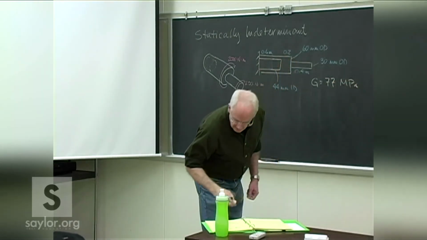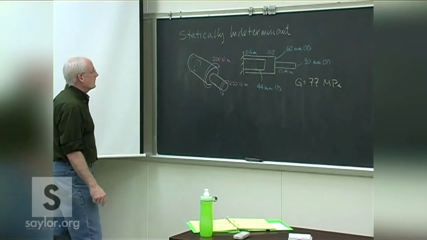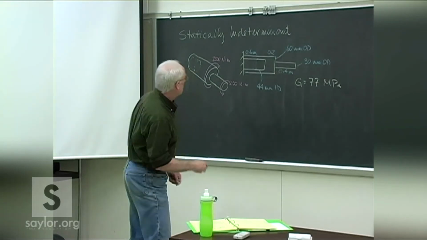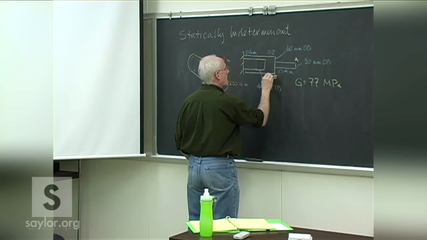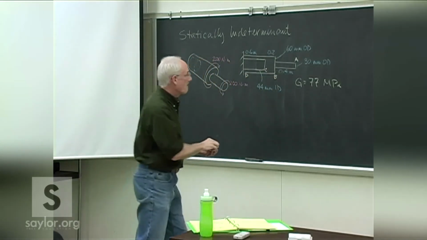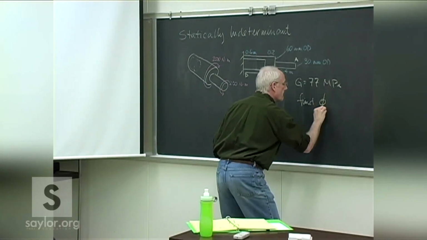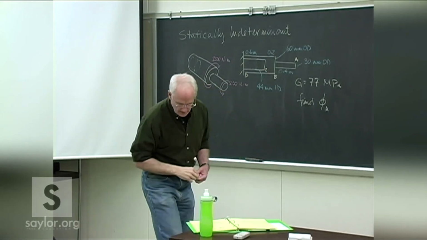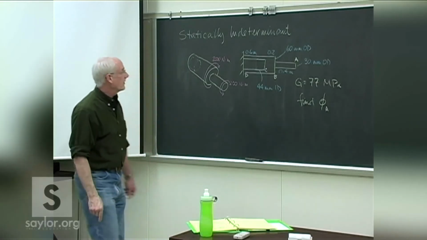G equals 77 megapascals. And now we want to find the deflection of that free end, which we'll call A. Find the angular deflection of the end through there. Okay, and that's all the pieces.